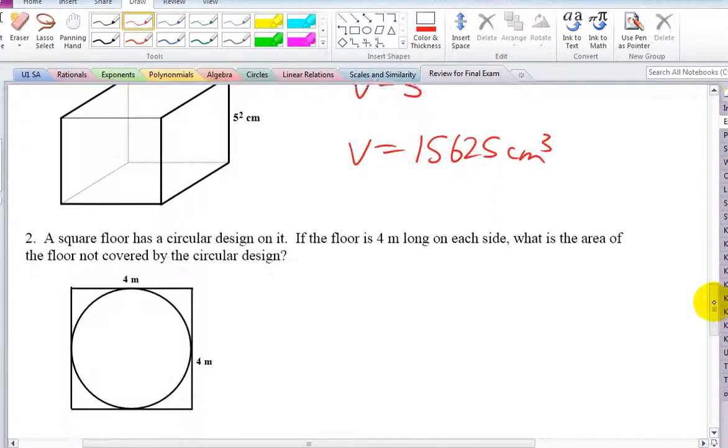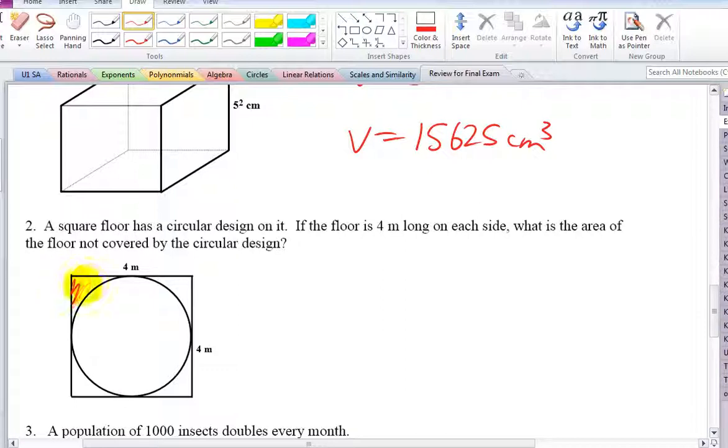Area 1. So what we have to do is subtract our areas so that we have just the shaded area left over. So area of the shaded equals area of the square, the whole big area, minus the area of the circle.